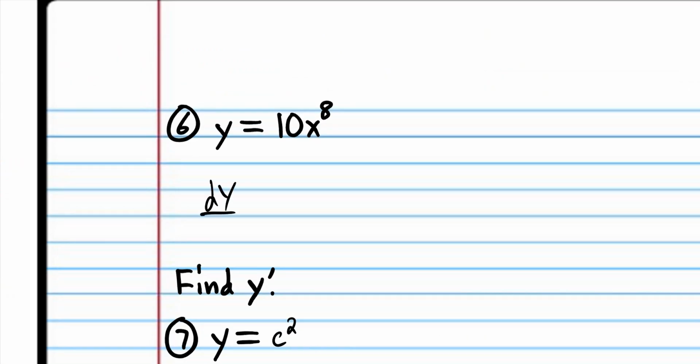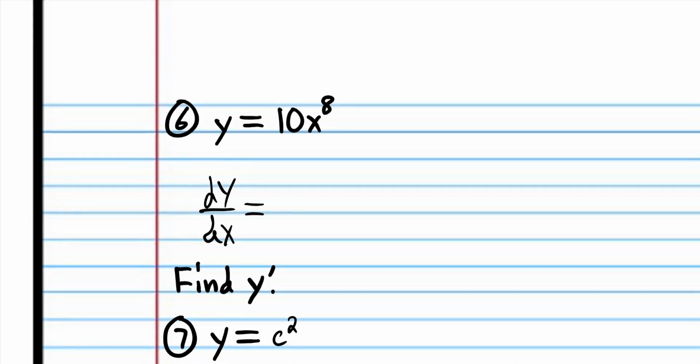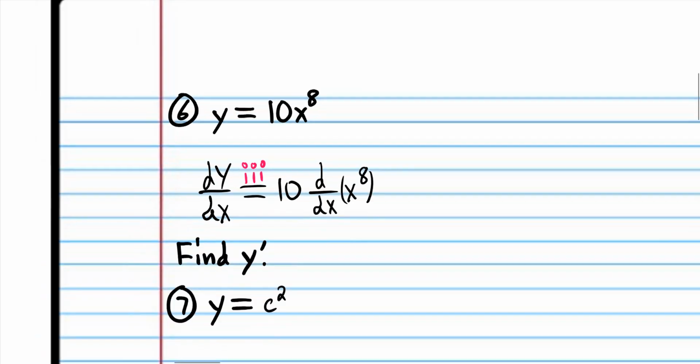So again, we're trying to find dy over dx, which is the derivative. But now we're going to have to use the constant multiple rule, because we have a constant multiplied into some function. So that's differentiation formula number 3, which tells us that the derivative is the constant times the derivative of whatever function is multiplied into the constant.